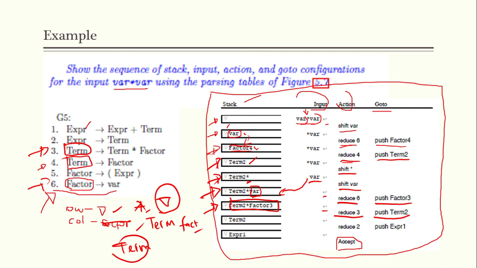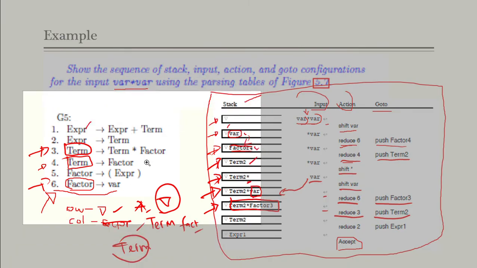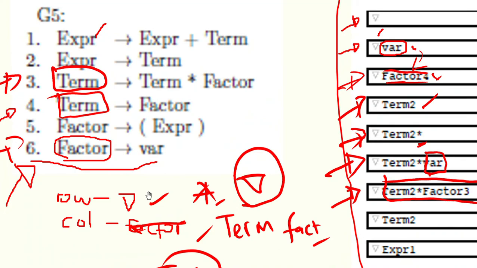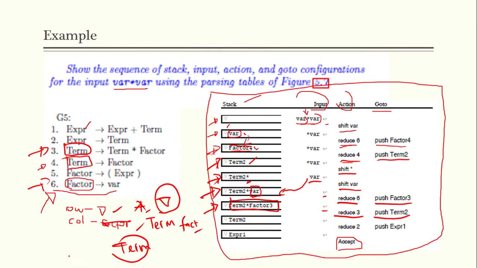So you are replacing term 2 times factor with term 2. Done. Now move to the next stack. What is on the top of the stack is term 2, and the column is the end marker.